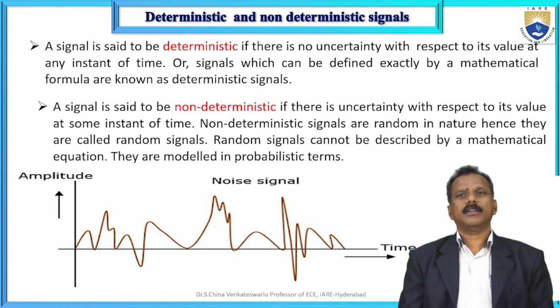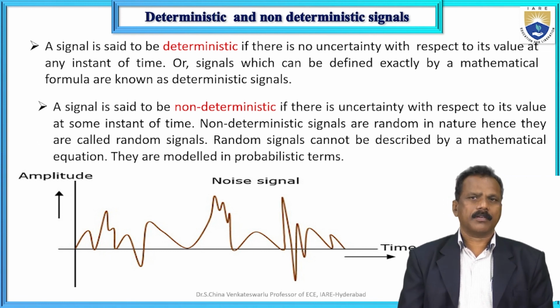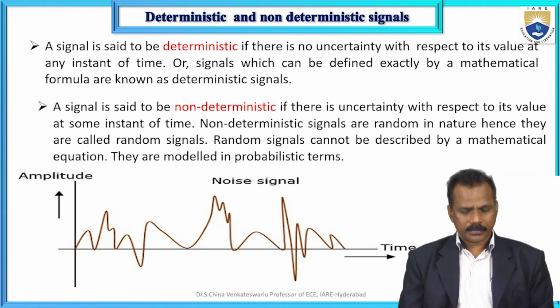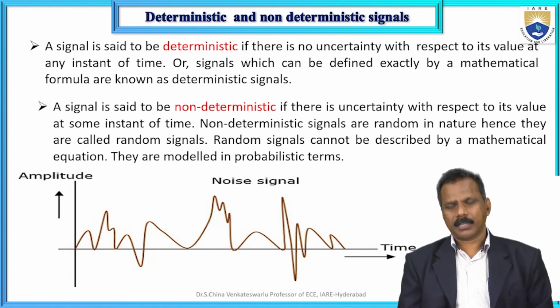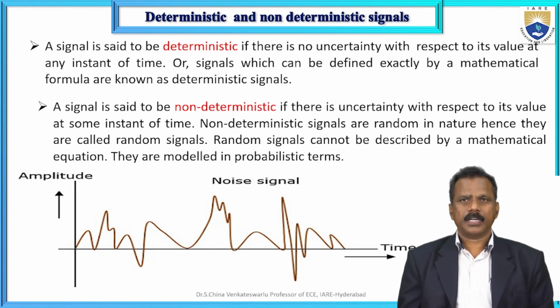They are modeled in probabilistic terms. So we can analyze all of this. The definition or interpretation of deterministic and non-deterministic, graphically, with noise or without noise, lets us identify which one is the deterministic or non-deterministic signal.